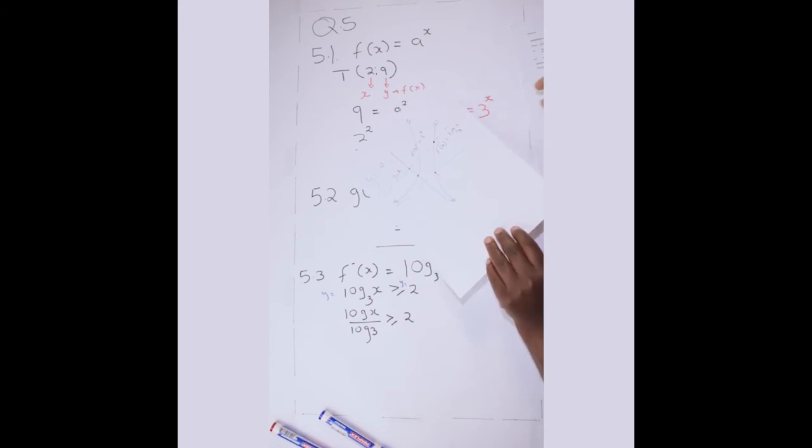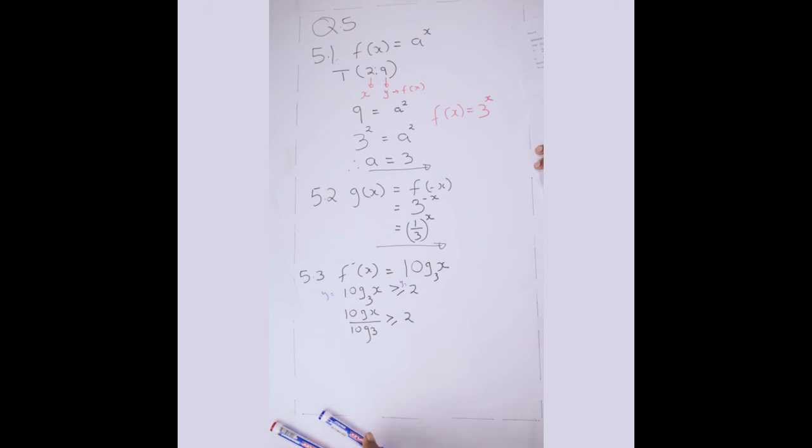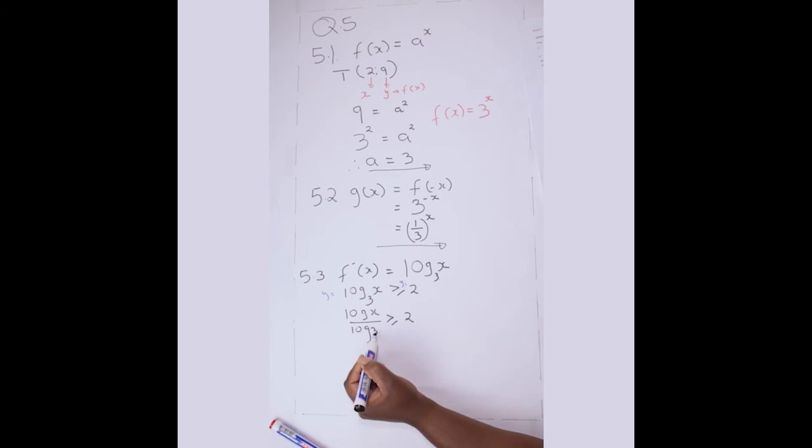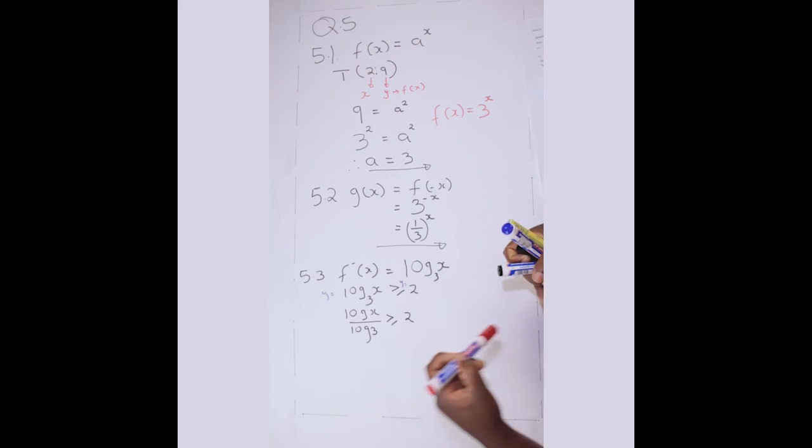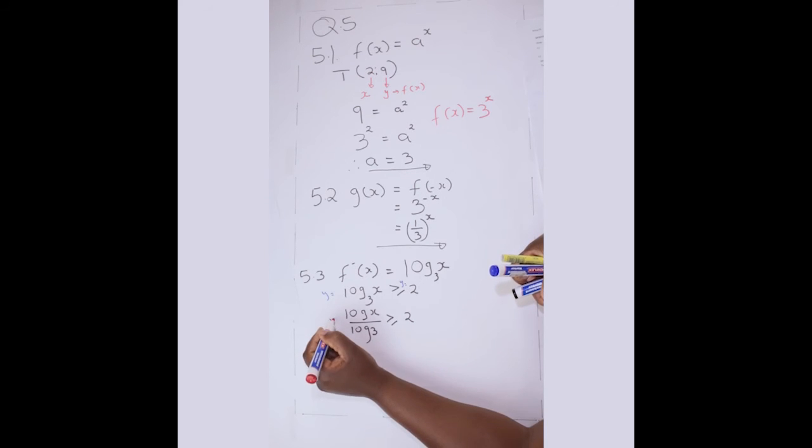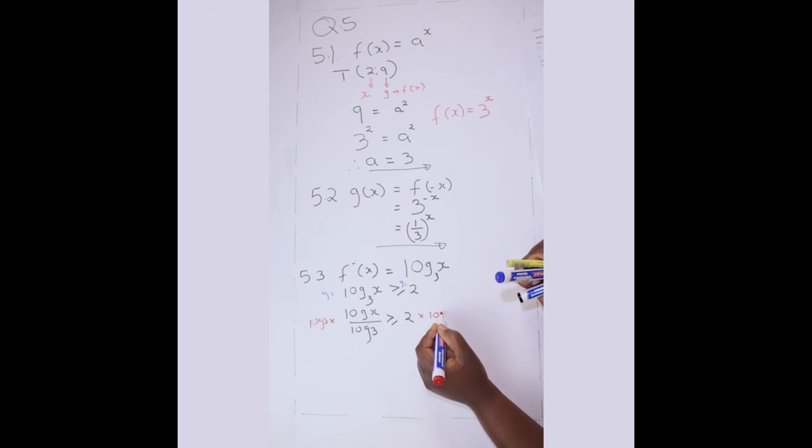And that is why we are using this to reason with. If I unpack my logarithm and rewrite it as log of x divided by log 3 is greater or equals to 2, I can multiply both sides by the log of 3.